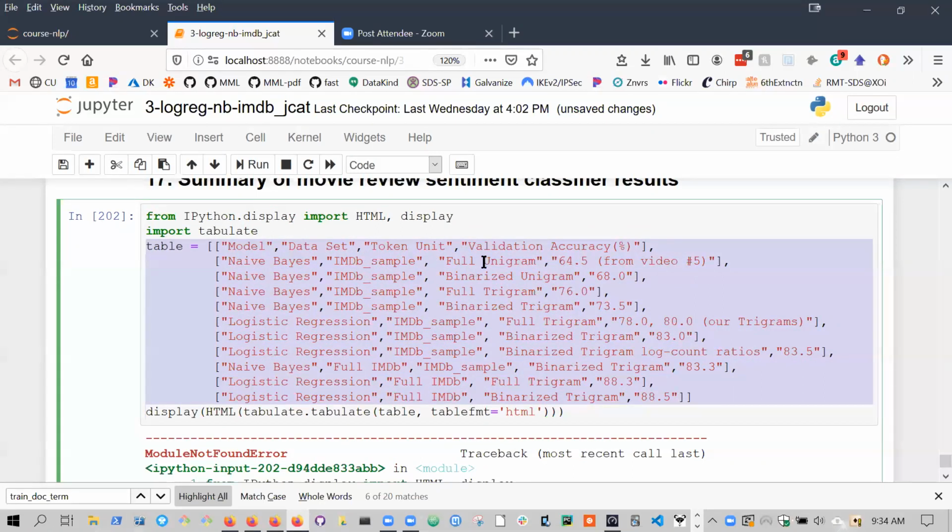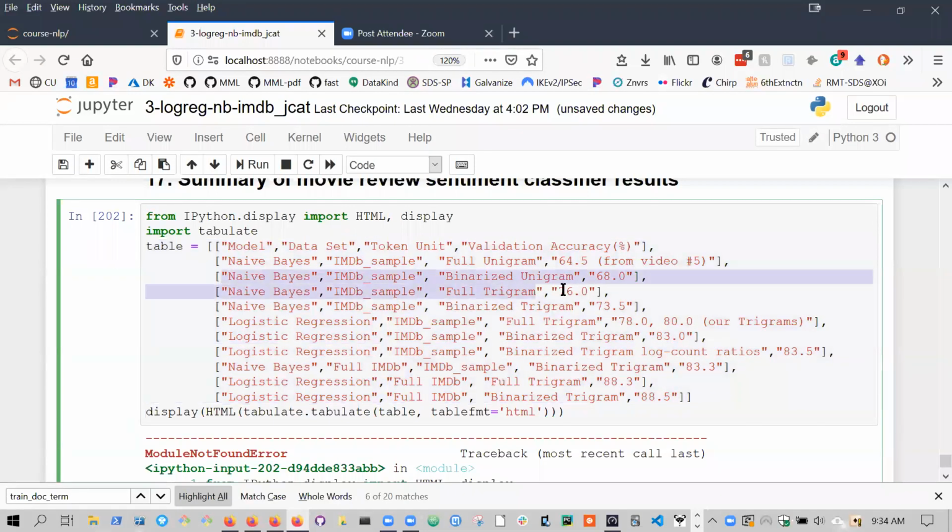So we already saw the 64.5. That's from the video. I didn't do it. The binarized unigram model, that's the first thing we did with the naive Bayes. I got 68%. We just saw the naive Bayes with the full trigram model got 76%, with the binarized trigram 73.5. Then we went to logistic regression. Full trigram, we got 78%, but when we used our trigram, that is the one that Rachel computed, we got 80%.